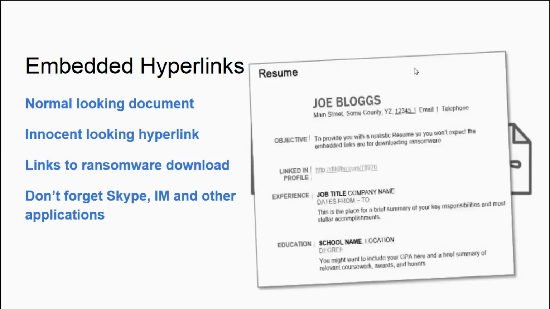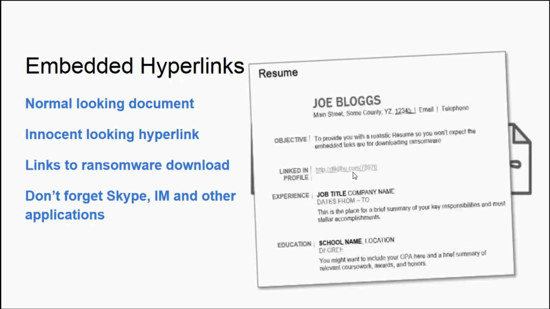Now let's have a look at embedded links. Typically these are contained within a document such as Microsoft Word or PowerPoint, and normally the documents look pretty normal without anything suspicious. Then within the document there is an innocent-looking hyperlink.